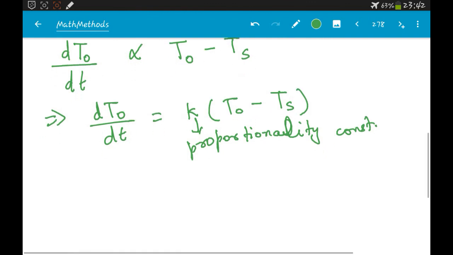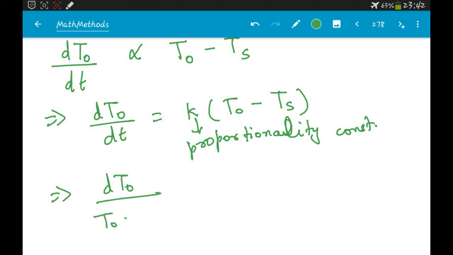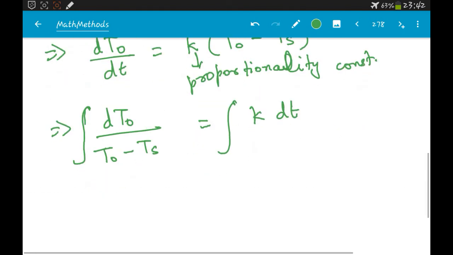So you can try to solve this, right? You can bring all the T0 terms to one side and the dt terms to the other side. So we have dT0 by (T0 minus Ts) is equal to K into dt. And then we can integrate it, right?